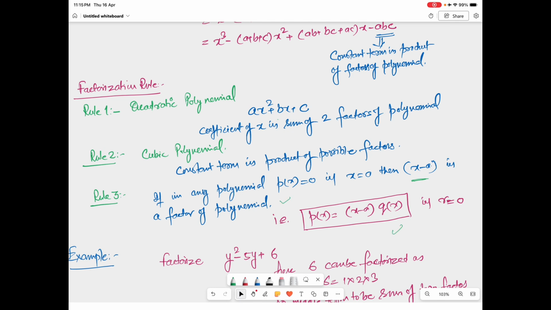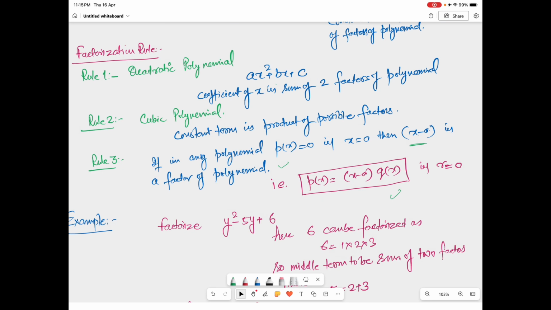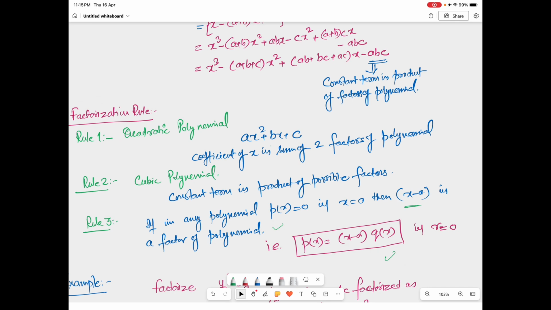And we can write it in the form p(x) equals x minus a into q(x). Hope you have understood these simple rules. The second rule is that the constant term is the product of the possible factors, which I have explained here.